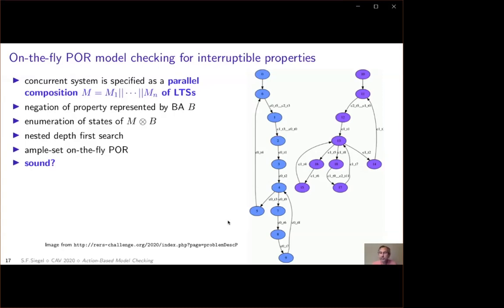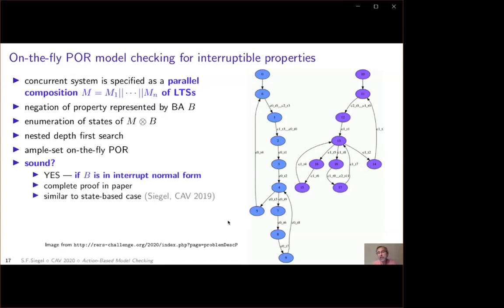Nested depth first search is used to detect accepting cycles, and an ample set style on-the-fly POR algorithm is used to restrict the search to a certain subset of the enabled actions at each state. Is this algorithm sound? Yes, as long as B is in interrupt normal form, and we have an example in the paper that shows that assumption is necessary.